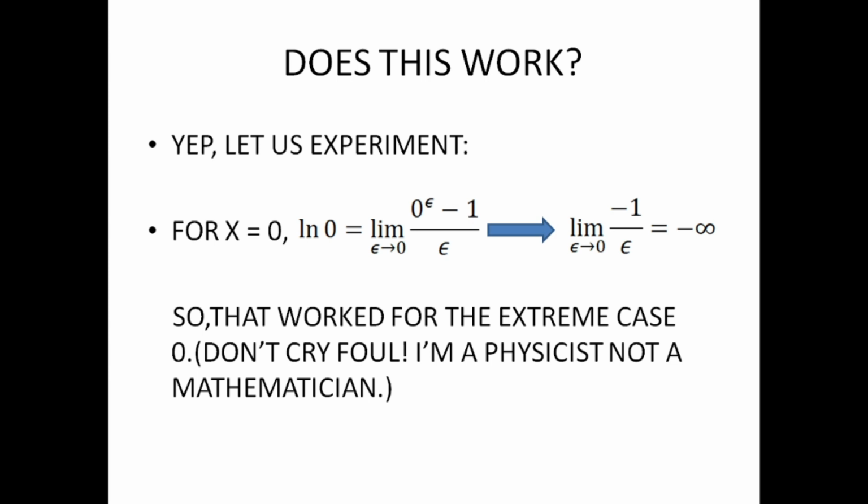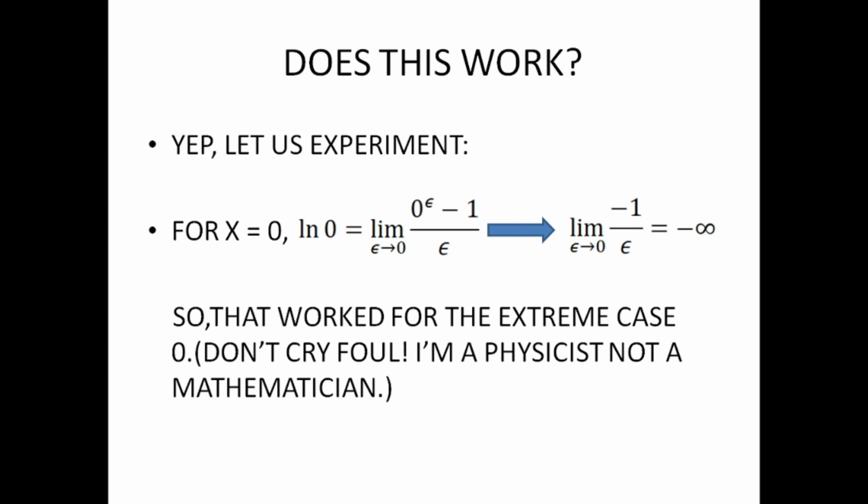Okay, let us check, does this work? Yep, let's experiment. For x is equal to 0, ln 0 is equal to limit epsilon goes to 0, 0 power epsilon minus 1 by epsilon. Okay, 0 power epsilon, for the time being, we make it 0, then 0 minus 1 by epsilon.